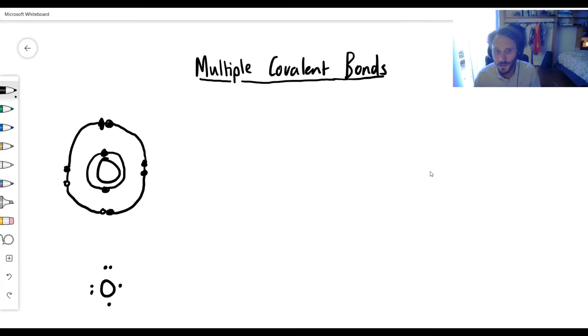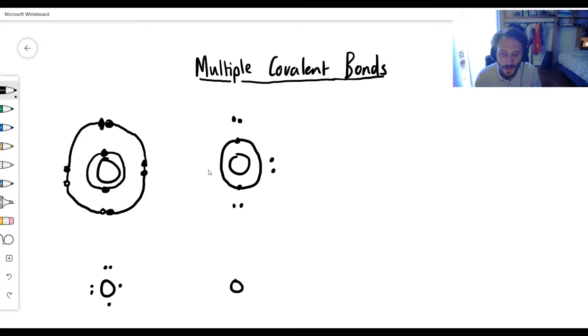Okay, so let's take another oxygen atom. It's the same oxygen atom, same configuration, exactly the same. And this time let's draw the electrons in a slightly different way. Sorry, that's incorrect. There's one missing there. We've got an open space. Let's draw a nice open space there and fill that electron in.